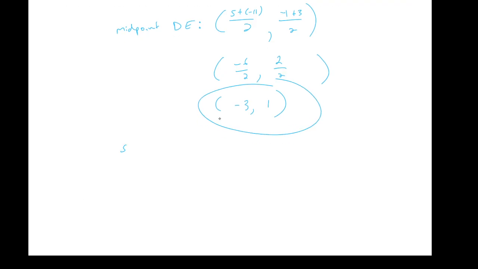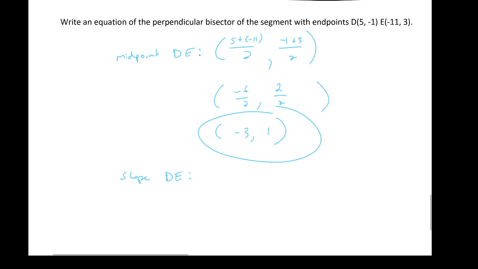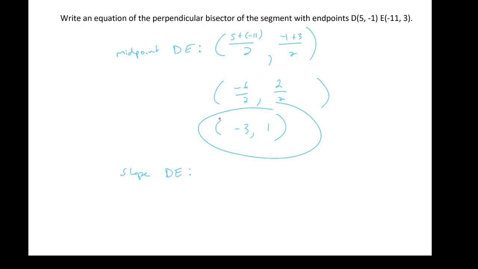Now we need the slope of DE. Slope of DE is as follows. Remember the slope formula: the difference of the y's over the difference of the x's. Let's go ahead and label x sub 1, y sub 1, x sub 2, y sub 2. Okay, so now let's substitute.